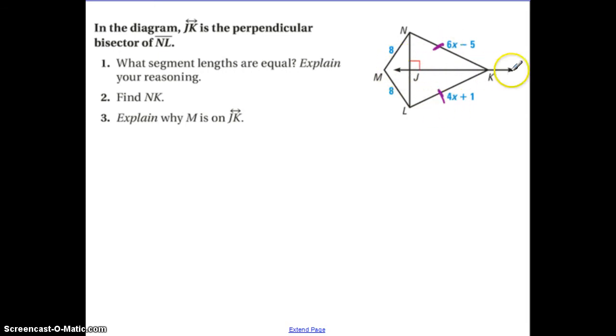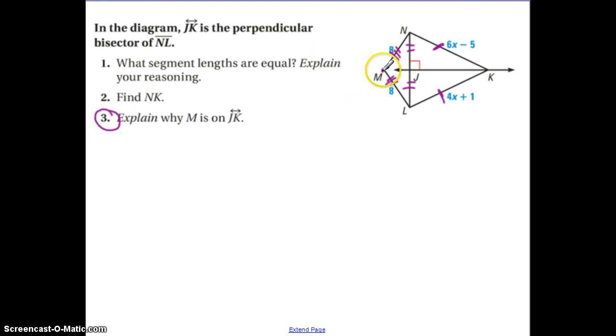JK also cuts NL in half at this midpoint J, so we know that these segments are equal. And we can also say that segment MN is equal to segment ML because it tells us they're the same measure. They're both 8 units long.